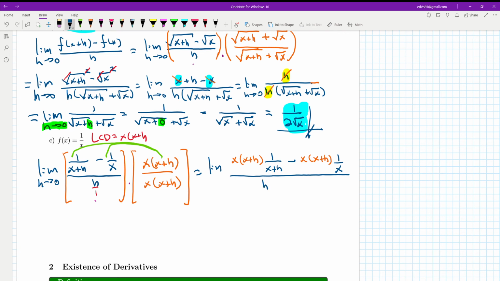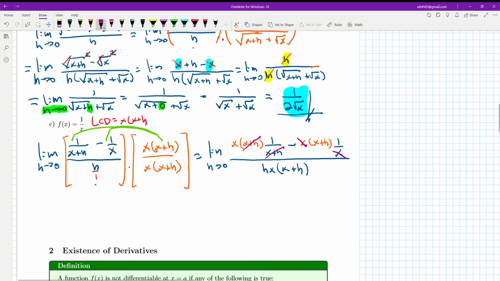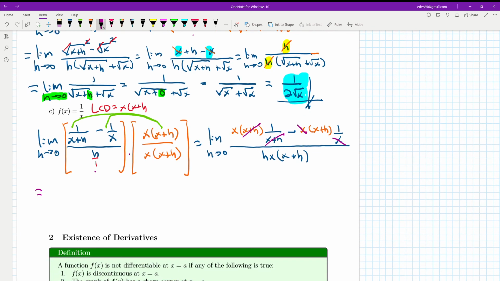I believe I gave this piece of advice back when we covered section 2.1. h approaches 0. Now let's simplify this complex fraction, and in this case see how this x plus h cancels, this x with this x cancels, and the complex fraction is no longer a complex fraction. It will be a simple fraction, which will be the limit as h approaches 0.